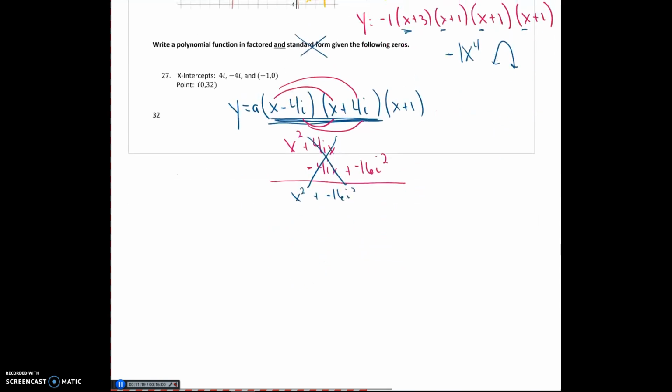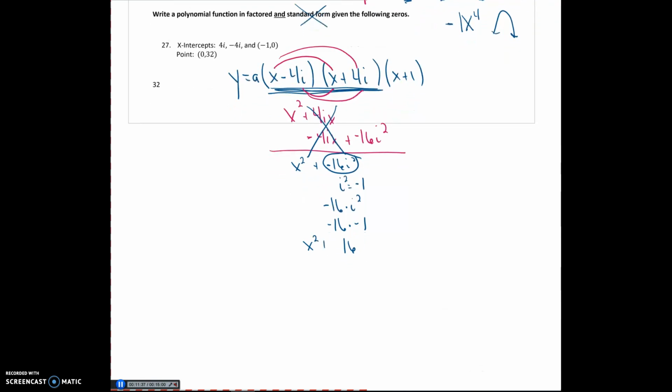We just need to remember that i squared is worth -1. So when you're looking at this -16 times i squared, it's really just -16 times -1, which turns into 16. So those two neighbors that had the imaginaries in them will just become x squared plus 16.